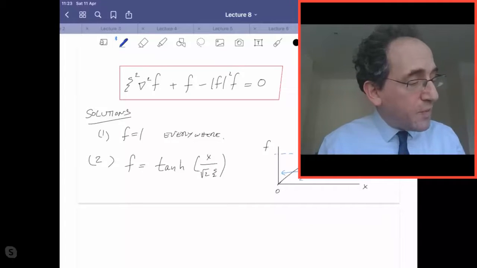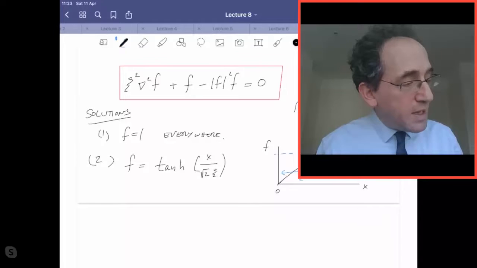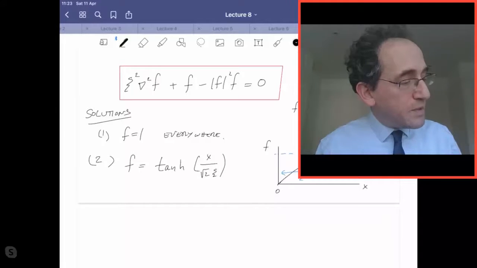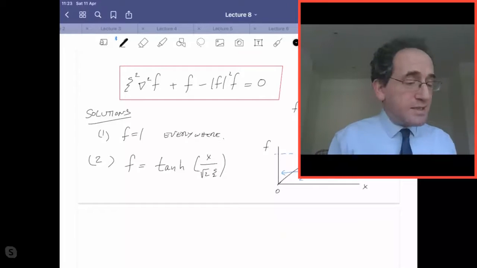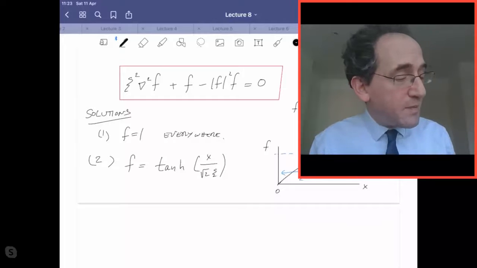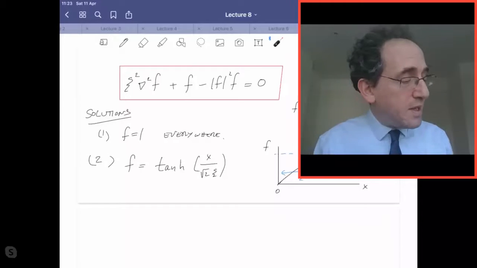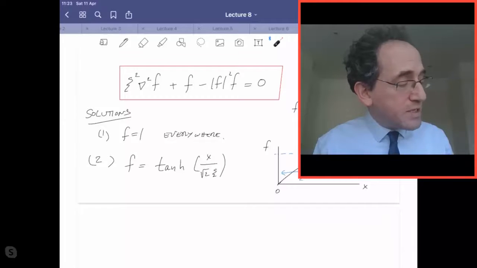Recall that f equals 1, the uniform solution, implies that psi is this psi 0 parameter, which is square root of absolute alpha 2 over 2 alpha 4. And that's the same uniform solution that we found before. That's what it converges to for large x. The tangent converges to that, but for small x, it vanishes linearly.